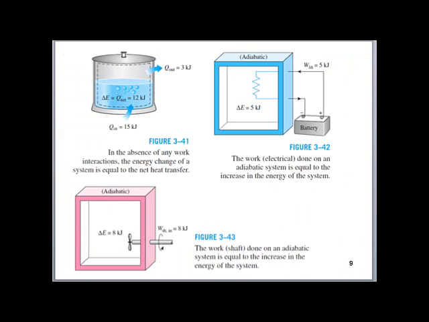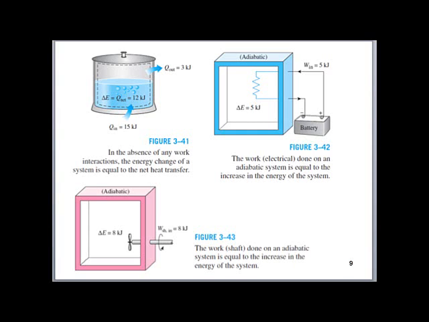Remember I said energy in minus energy out equals a change in energy in the system. Here in the top left corner we have a pot. We're adding 15 kilojoules of energy to our system. 3 kilojoules of energy are leaving our system. And what's been collected inside by the water being heated is a total of 12 kilojoules. So all the energy is accounted for.